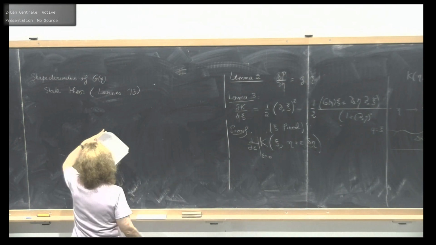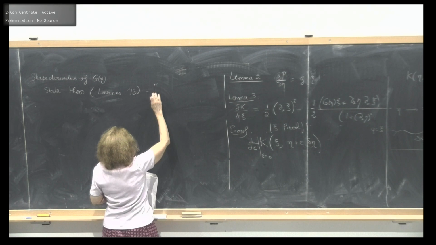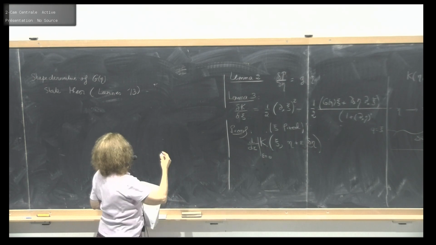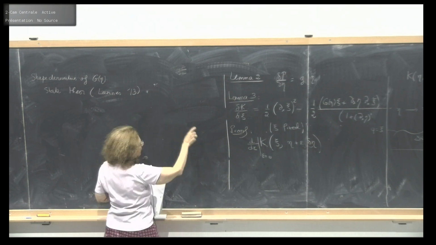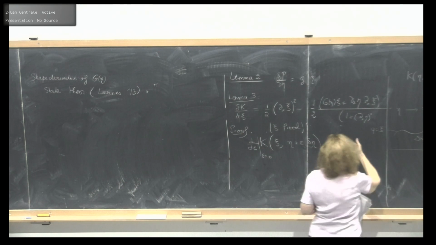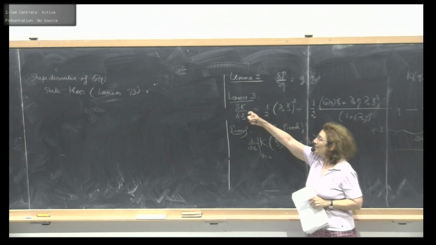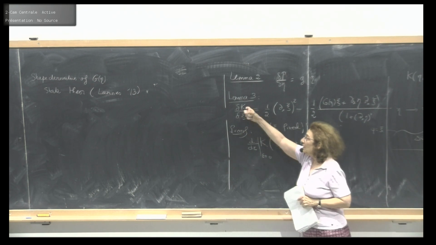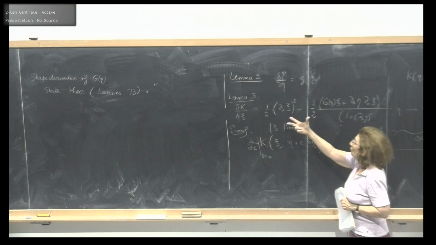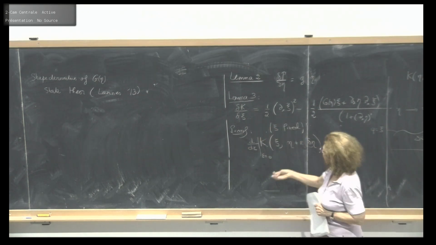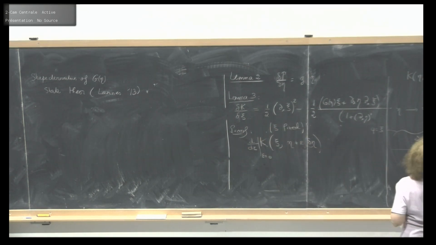So I will state the theorem, but instead of proving it, because the proof is pretty complex, I will explain from our calculation of the derivative of the kinetic energy.